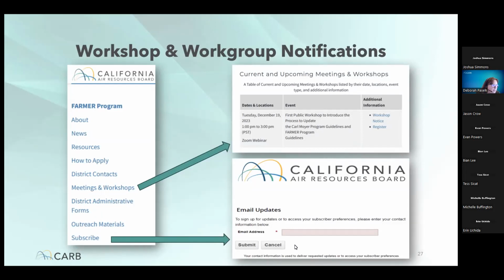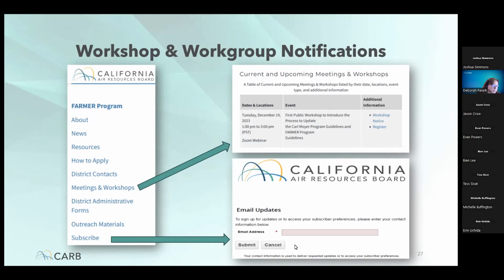On the top right-hand corner, that's an example of what you see if you click on meetings and workshops. It will show them when they occur and how to register for them. In the lower right-hand corner is how to subscribe. You can do that via this email subscription service, which allows you to select what preferred topics you're interested in. Also, our respective teams will be holding work groups.